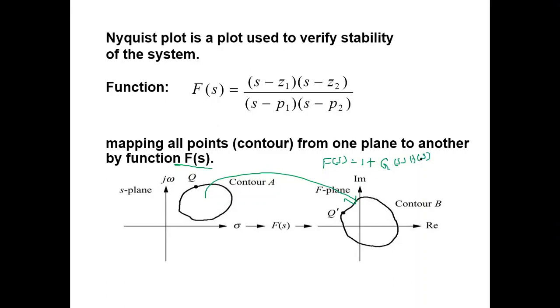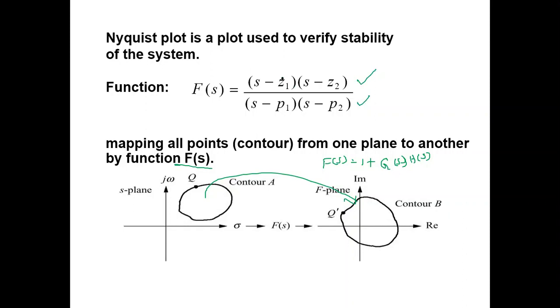Okay, if g of s into h of s is equal to some polynomial like s minus z1 and so on, then after taking the LCM, 1 plus that numerator by denominator will give you some numerator polynomial and denominator polynomial, which will give you both zeros and poles.